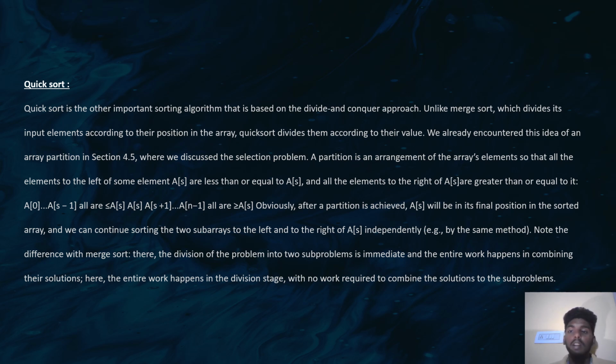We already introduced these ideas of array partition in the selection problem. A partition is an arrangement of the array's elements so that all the elements to the left of s are less than or equal to s, and all the elements to the right of s are greater than or equal to it.